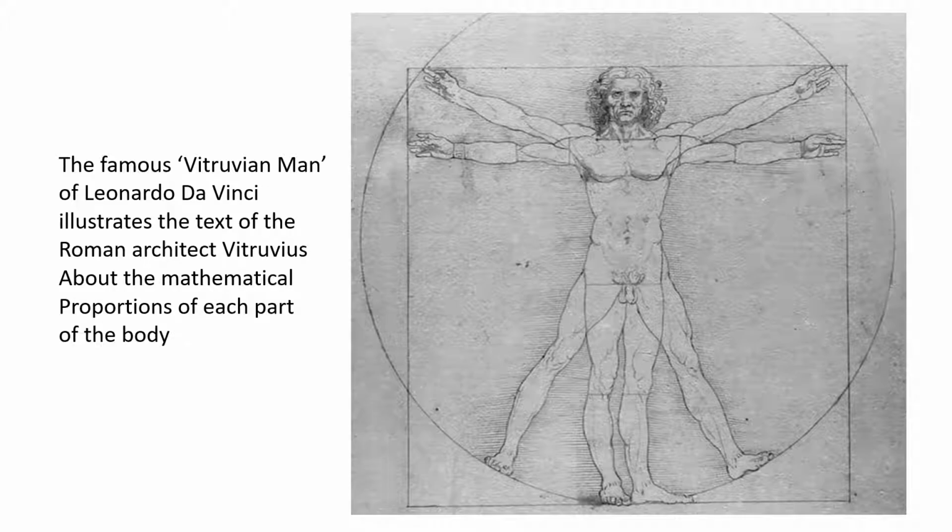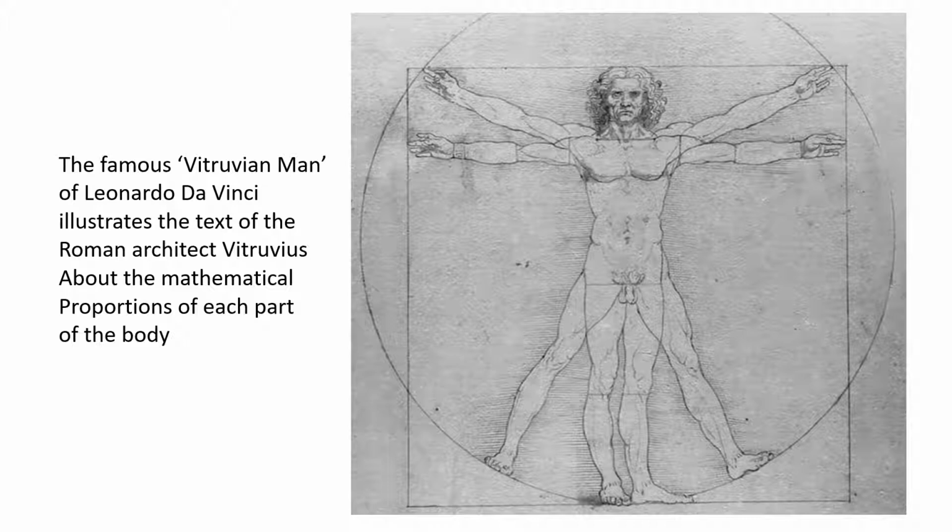The famous Vitruvian Man of Leonardo da Vinci illustrates the text of the Roman architect Vitruvius about the mathematical proportion of each part of the body.